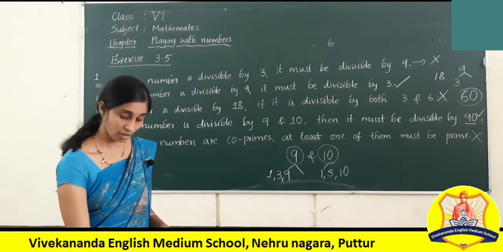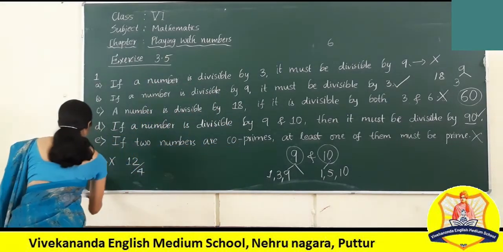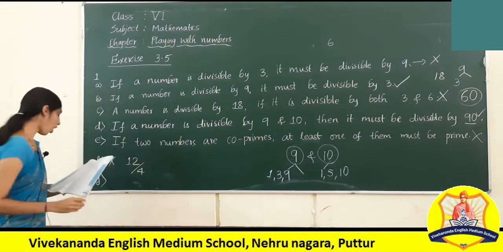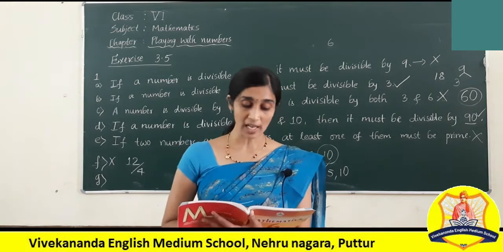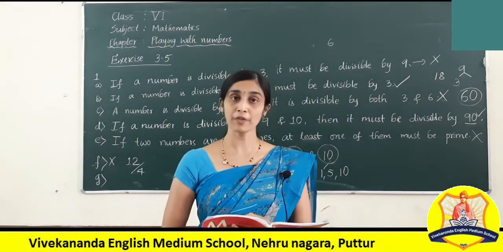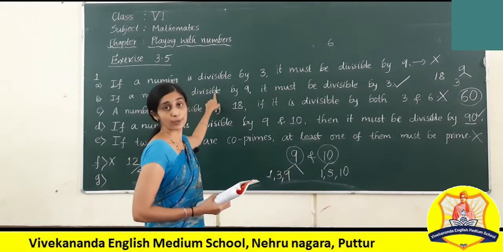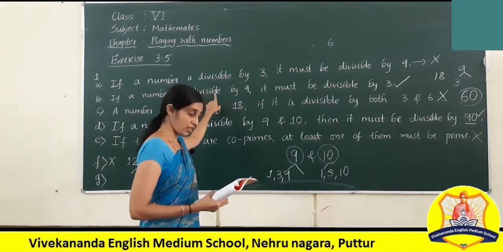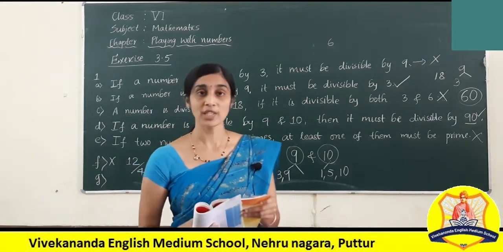So F is a false statement. Next, all numbers which are divisible by 8 must also be divisible by 4. Yes, that is true. Just here we have proved it now, right? In the same way, do question number G also.